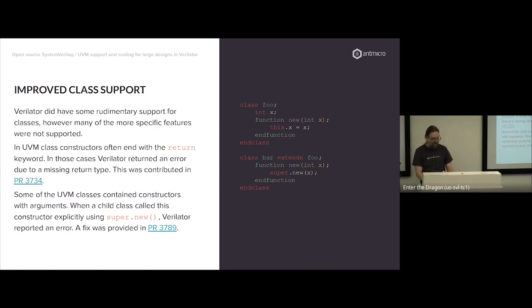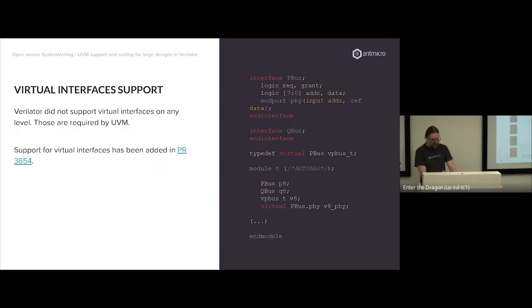Of course, perhaps not rock solid, but definitely good enough to get us closer to where we need to be. Then there's virtual interfaces. They weren't there, so they're there now. Again, there's a pull request to add this, and an example with a little code snippet. Those code snippets are parts of the test suite, so you can also go to the test suite and see if those are passing.